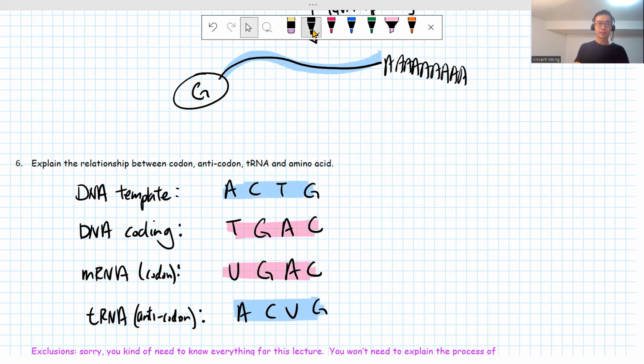Different colors are complementary to each other. Same color means it's identical. But of course, you replace the T with the U. So pretty much you have to know this.